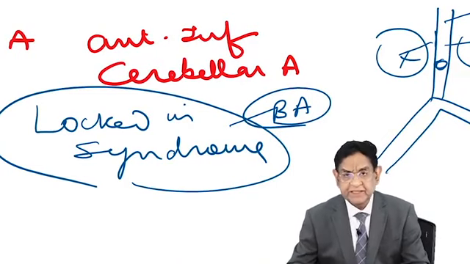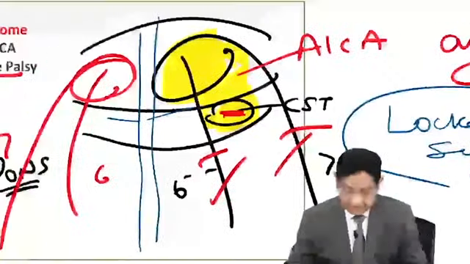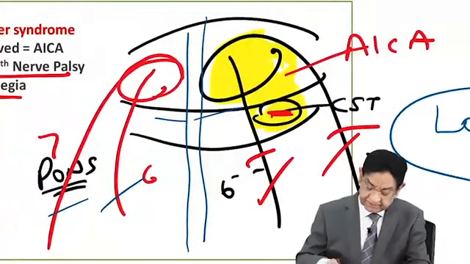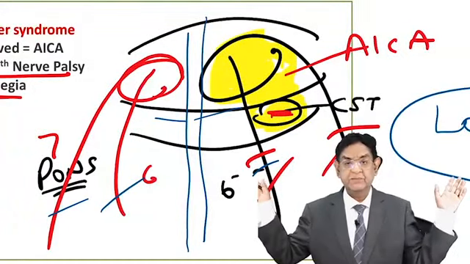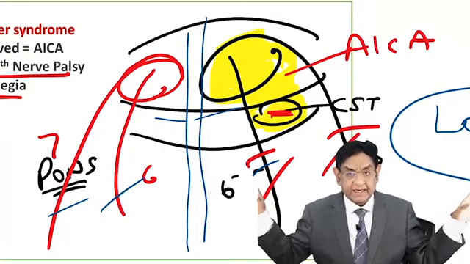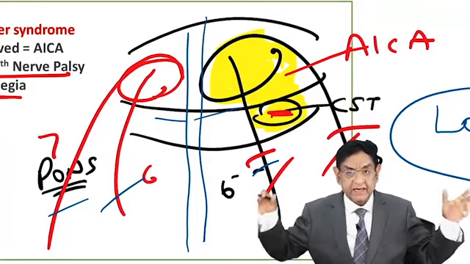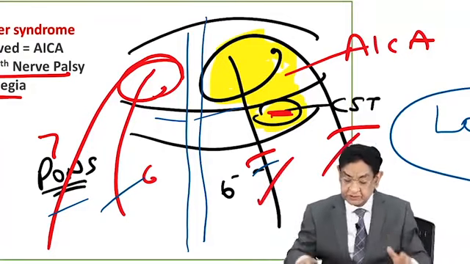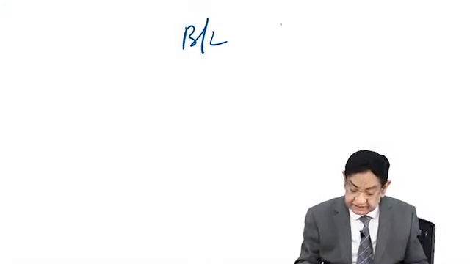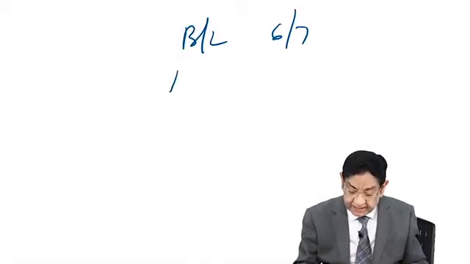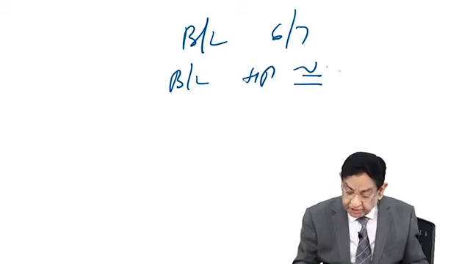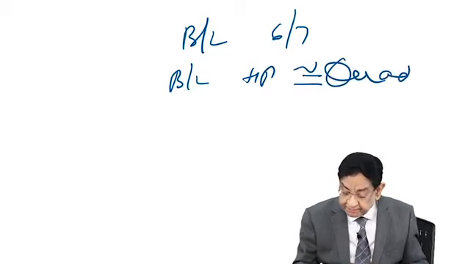How does the patient manifest to you? Look into this. He will have bilateral 6/7 palsy and bilateral hemiplegia. So friends, bilateral 6th and 7th and bilateral hemiplegia, which is equivalent to quadriplegia.